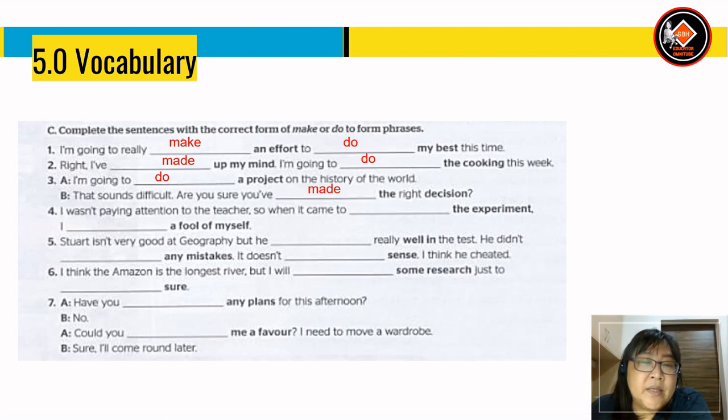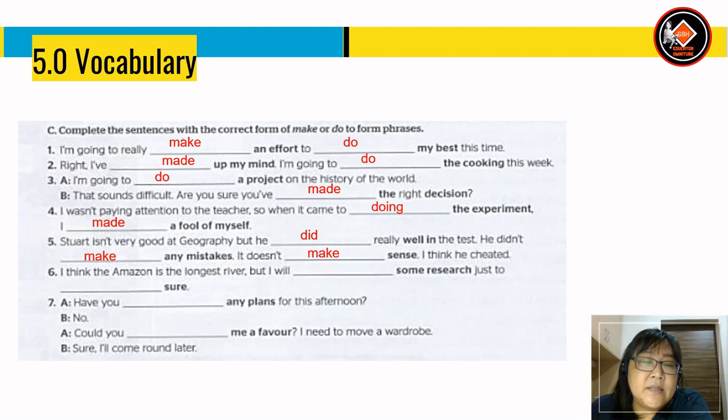I wasn't paying attention to the teacher, so when it came to doing the experiment, I made a fool of myself. Stuart isn't very good at geography, but he did really well in the test. He didn't make any mistakes. It doesn't make sense. I think he cheated.